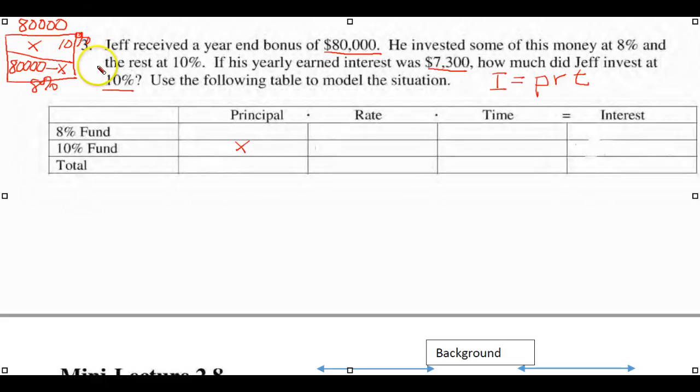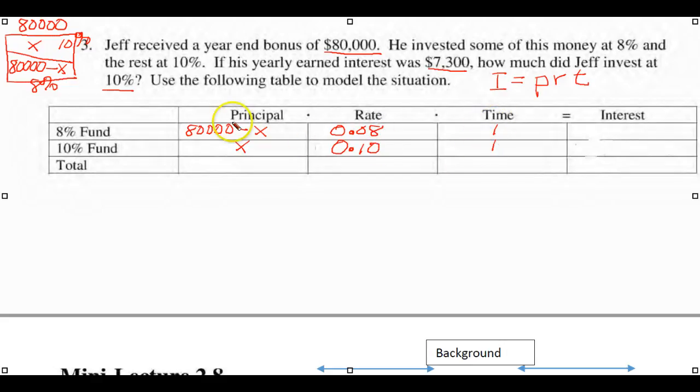Here we go. So this is going to be 80,000 minus X. Now the rate, of course, at the 10% was 10%. And for the 8%, 8%. And the time is just 1 year.